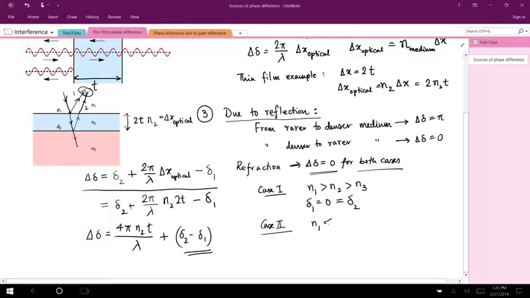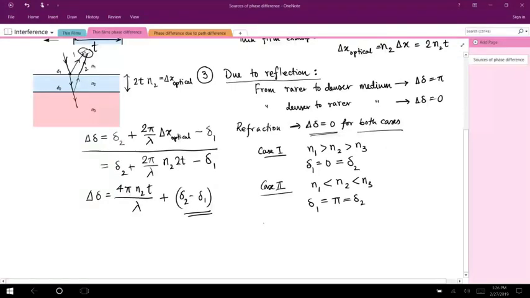So n1 is less than n2 is less than n3. And now you know that delta 1 has to be equal to pi, and so does delta 2, because in both situations, the ray of light is getting reflected off of a denser medium. n2 is greater than n1, so n2 is denser than n1.